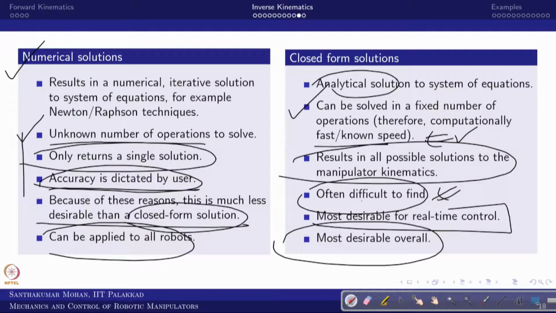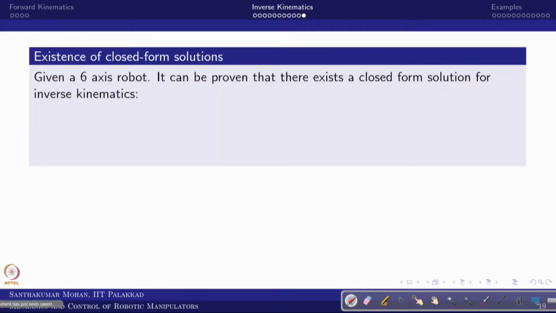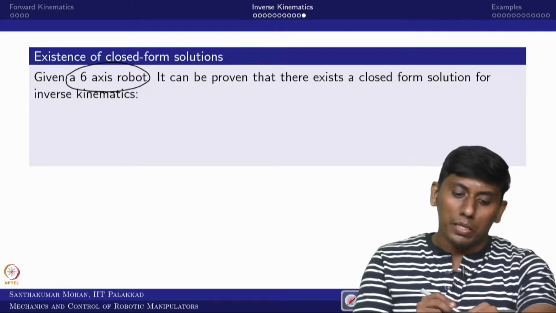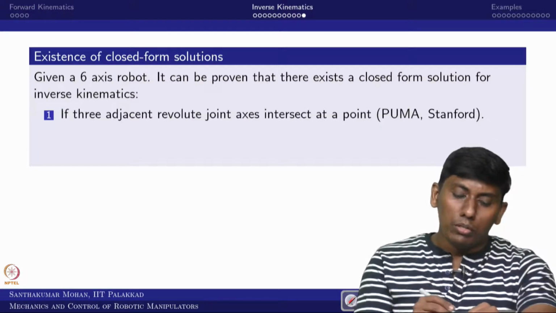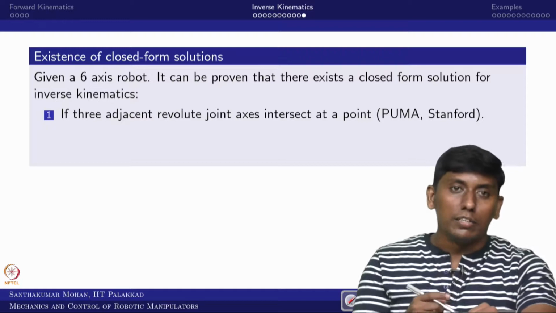So for understanding that, I am putting the necessary and sufficient condition for existence. You already know that the solution exists. You have to come up with a 6 axis robot, and the given point supposed to be within the workspace. Further, any one of these conditions supposed to be fulfilled.